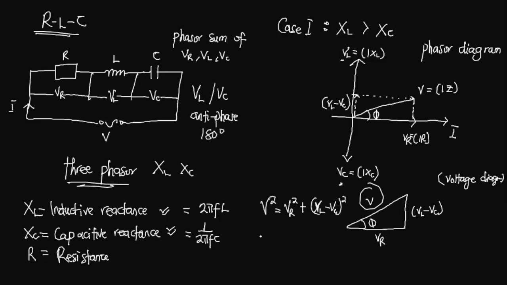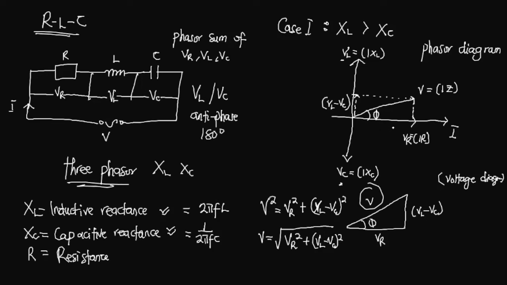So our applied voltage will be equal to the root of VR squared plus (VL minus VC) squared. This is the first thing we're going to get from this phasor diagram.